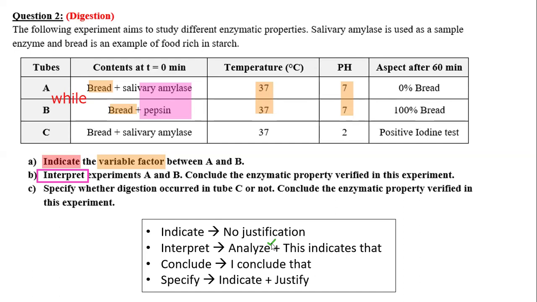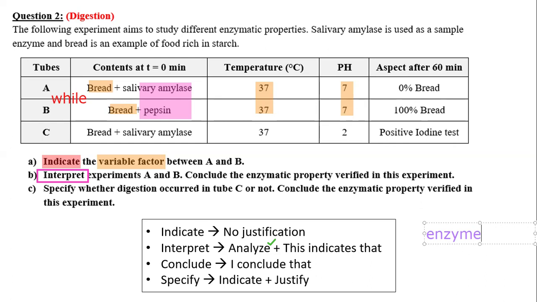Am I done? No. I have to add this indicates that. How to put the indication? As I always tell you, you go to a scratch paper and put what the variable is here. The variable here is the enzyme. In A we use salivary amylase, in B we use pepsin.